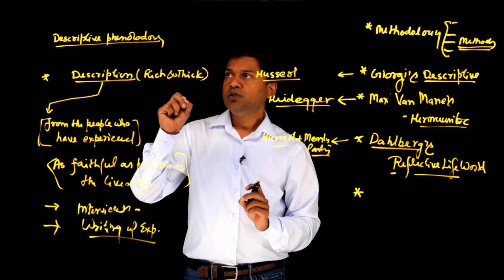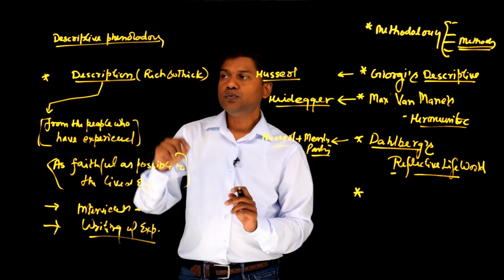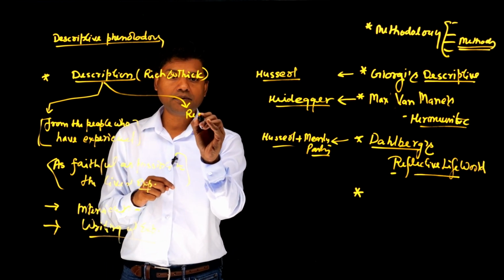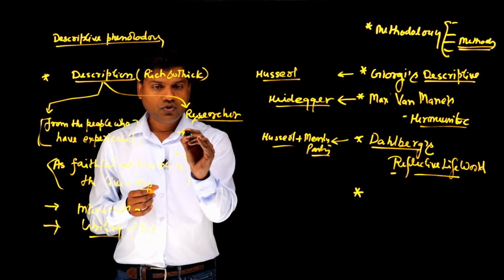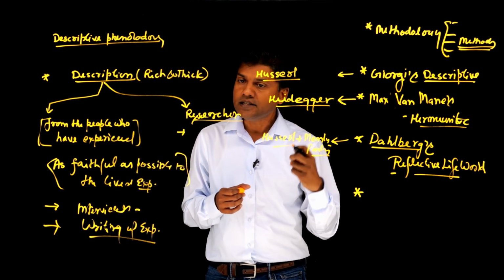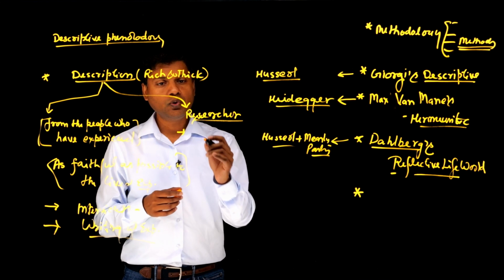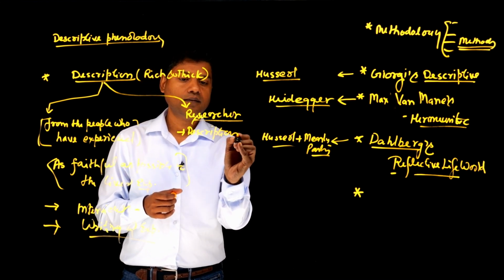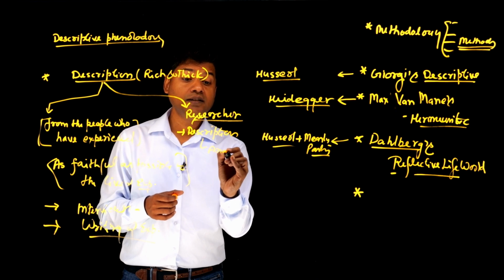But descriptive phenomenology also focuses on a description from the researcher themselves, what it means. So when you are collecting the data and analyzing the data, you are also engaged in description during your analysis.